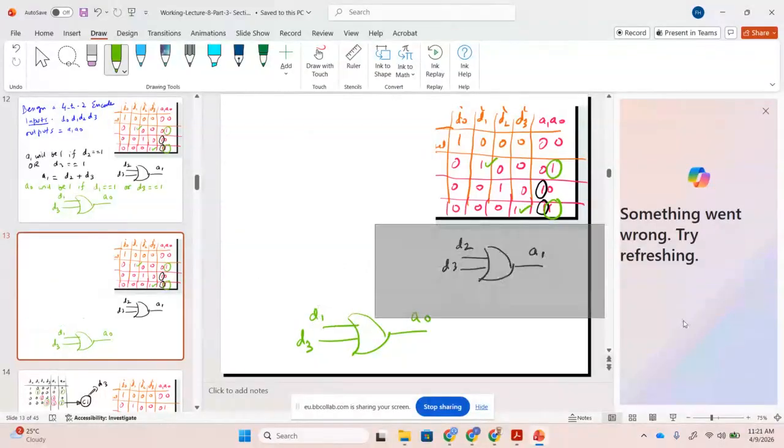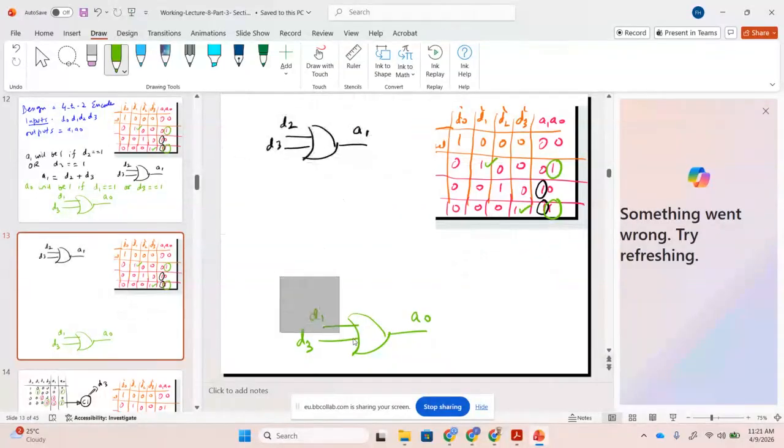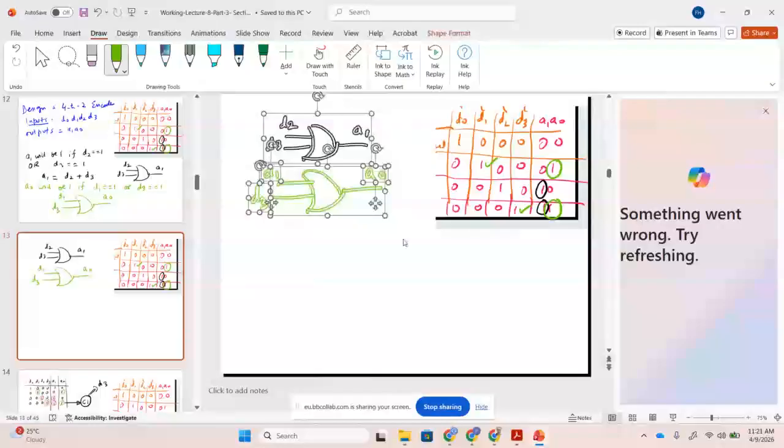This is the first expression. Now this is the second expression. Got it or not got it?